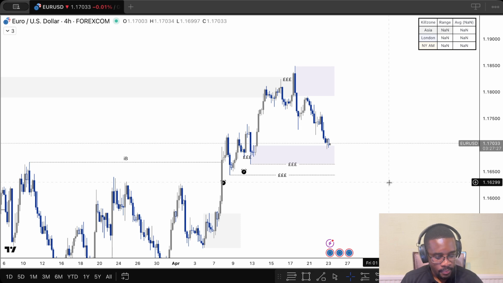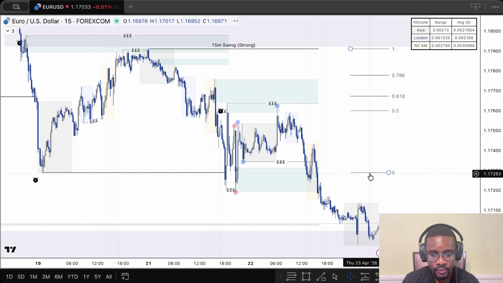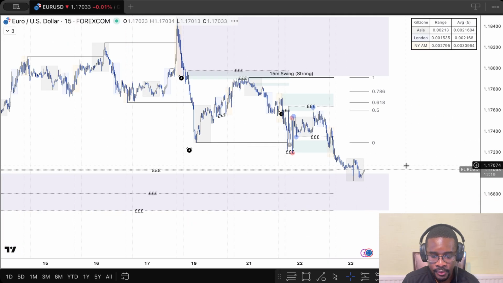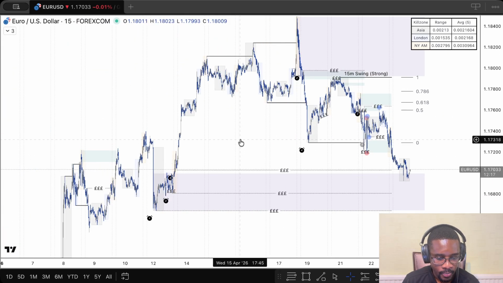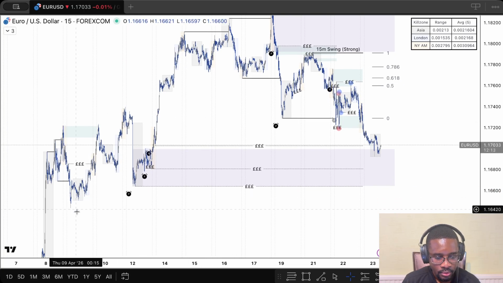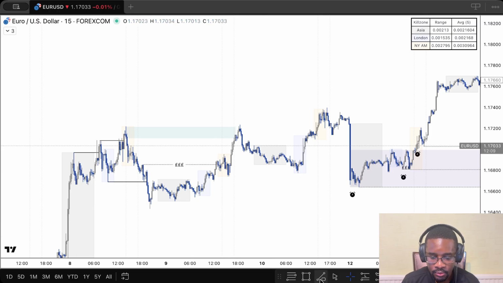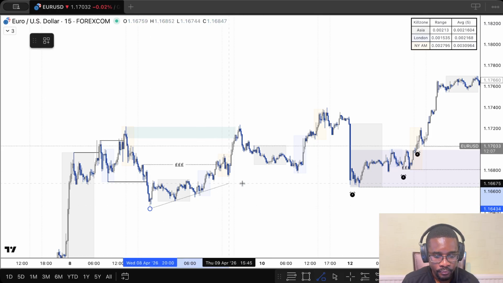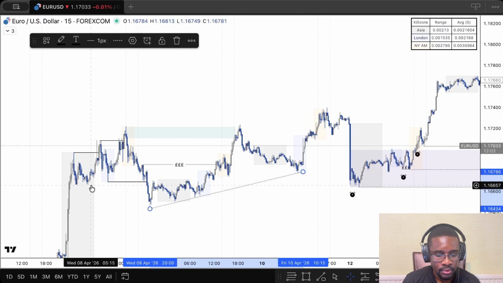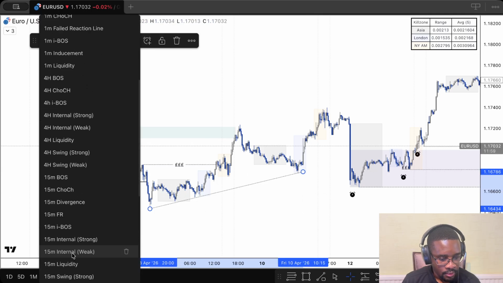So all right, then look at the 15-minute. Looking at the 15-minute, this is what we have. We do have a trend line all the way here, and all of this liquidity that's resting down here.